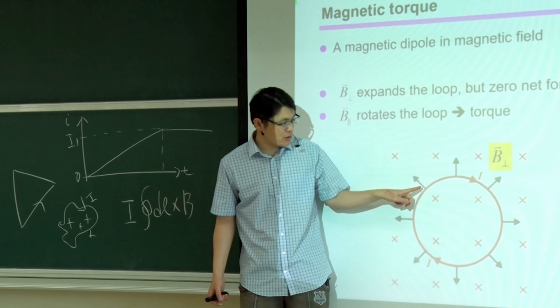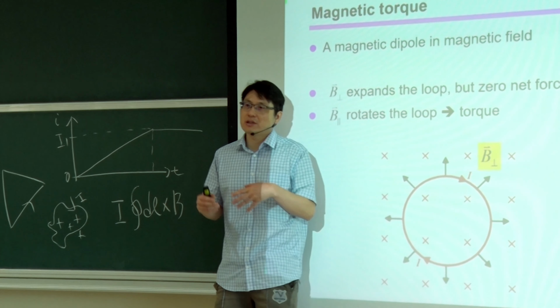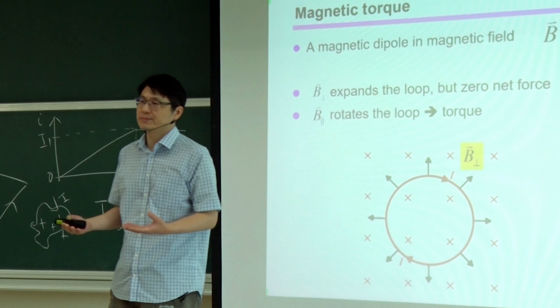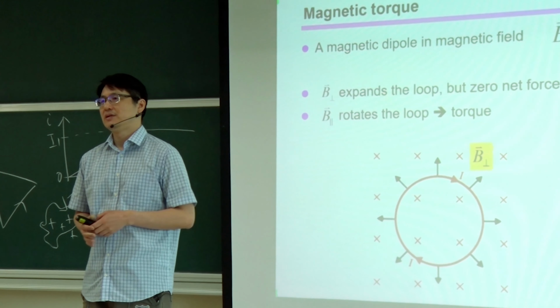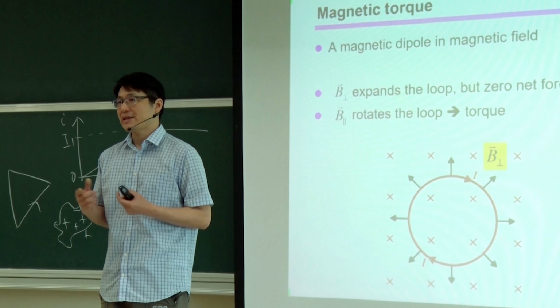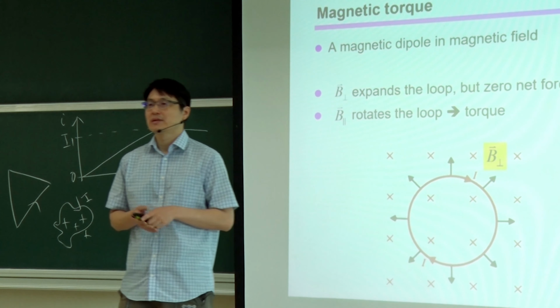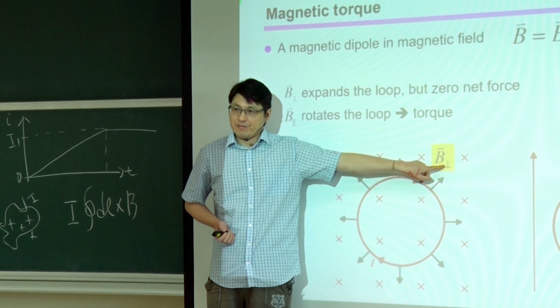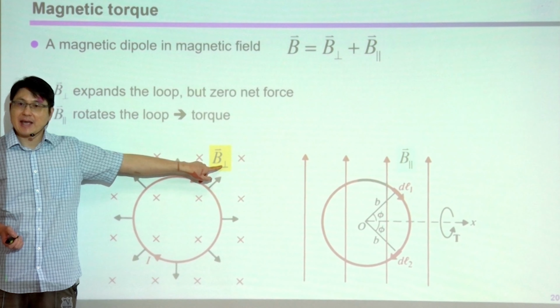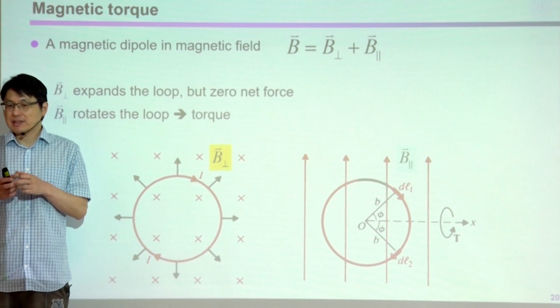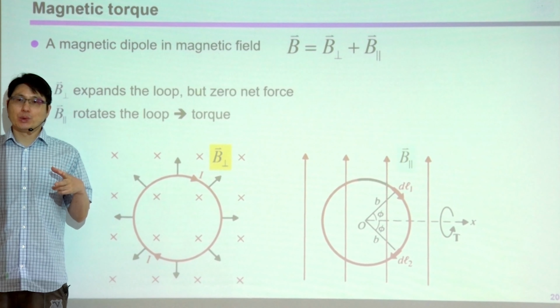This one is canceled out by this one. So it reaches steady state. The net force is 0. Okay. So basically, the perpendicular field contribution can be used to expand your loop.